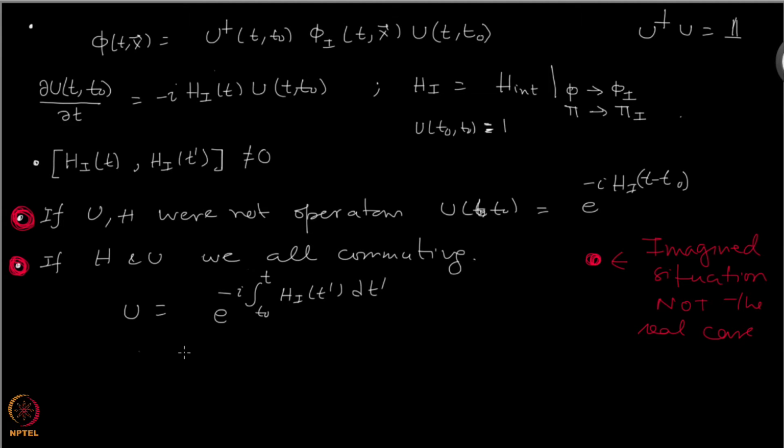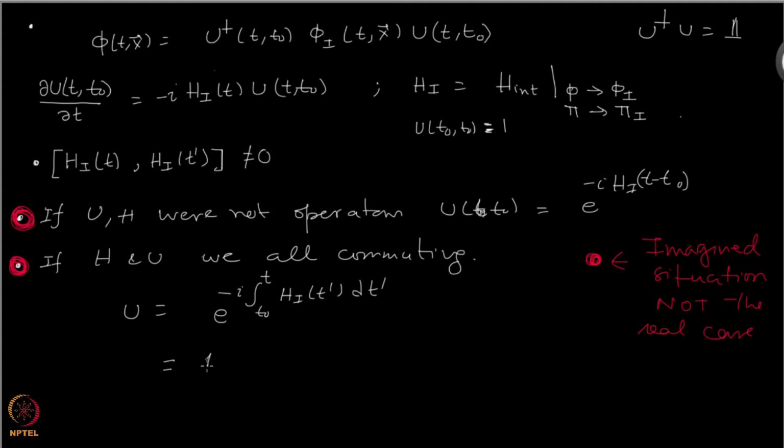Okay, so let's see whether indeed this would be a solution if these were all commuting. So first I should tell you what it means to write in this form if H is an operator. So the meaning of this expression is as follows.